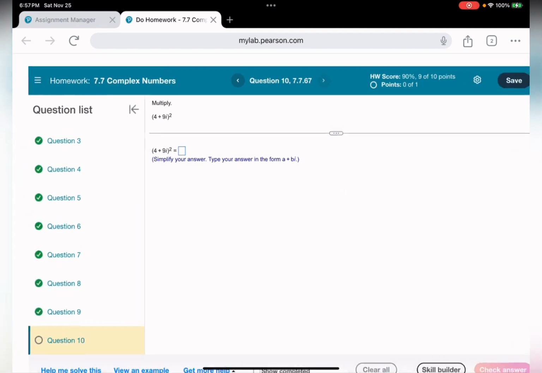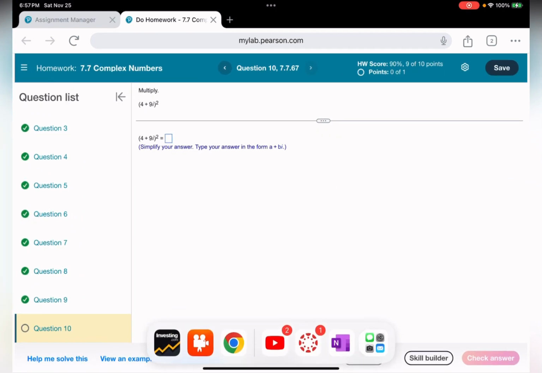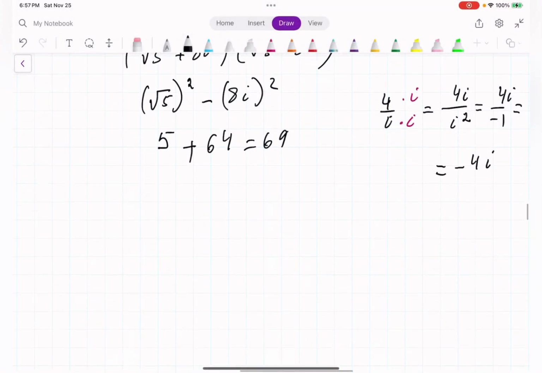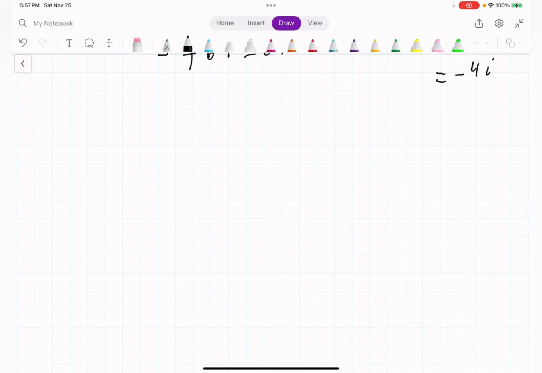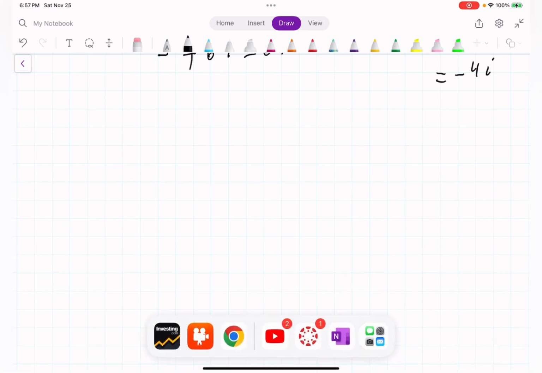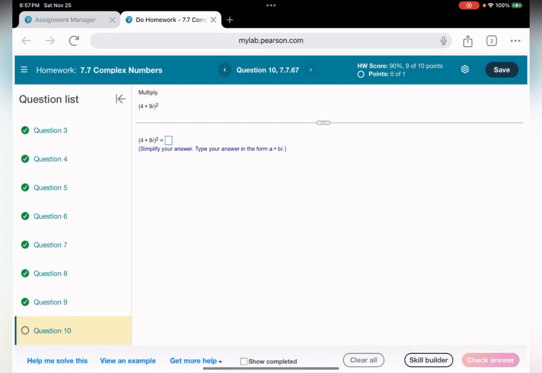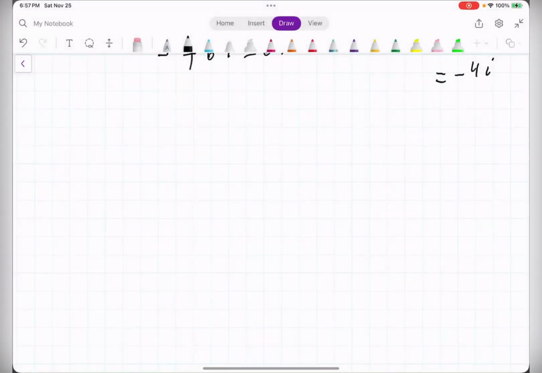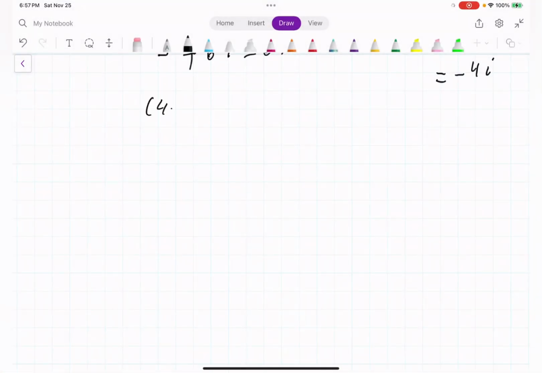And the last one, 4 plus 9i squared. There are two ways to solve this problem. Either use the formula or just go through long multiplication. So one way is to write it down as 4 plus 9i times 4 plus 9i, and then keep solving.